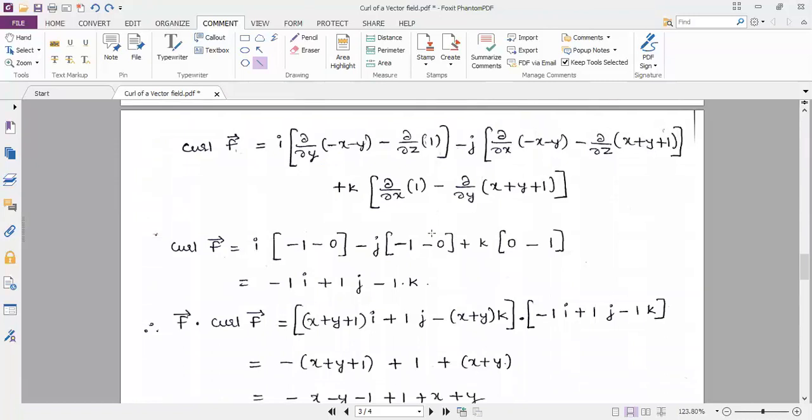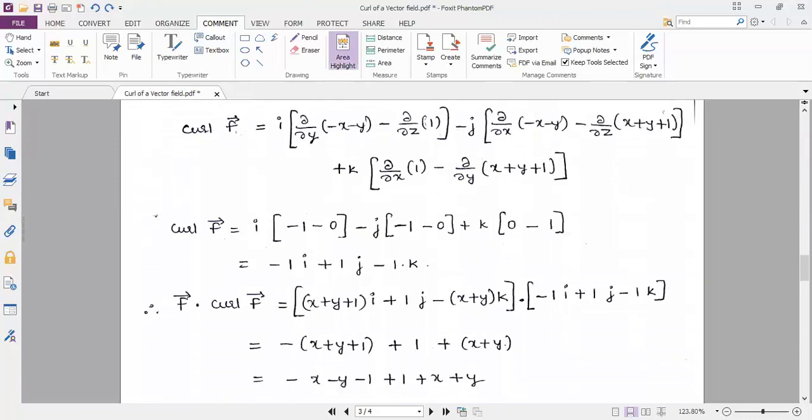Now we will perform the partial differentiation with respect to y first. ∂/∂y of (−x − y). With respect to y, x is a constant, so differentiation of −x goes to 0. Differentiation of −y is −1. Minus, differentiation of a constant is 0.